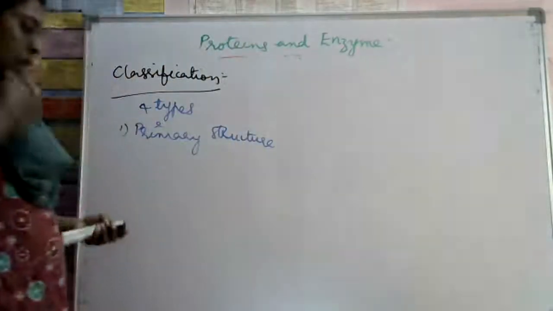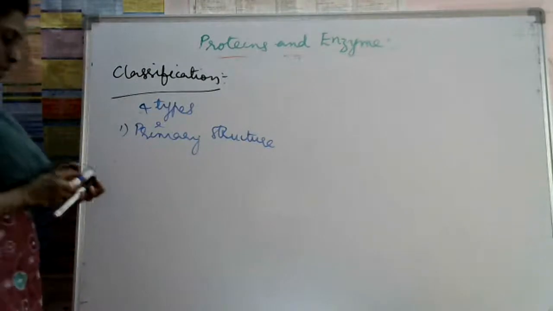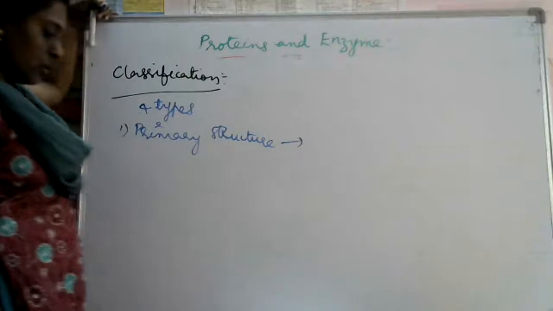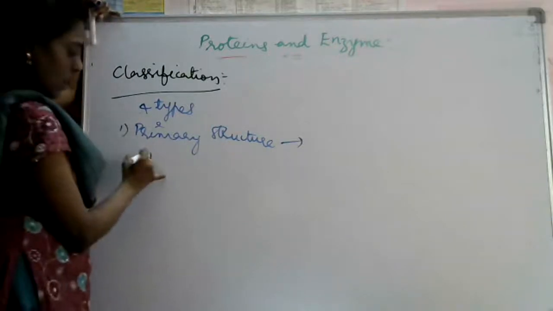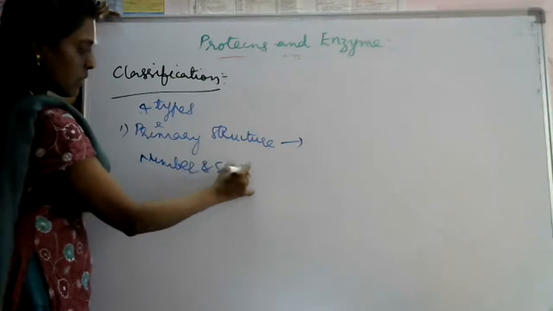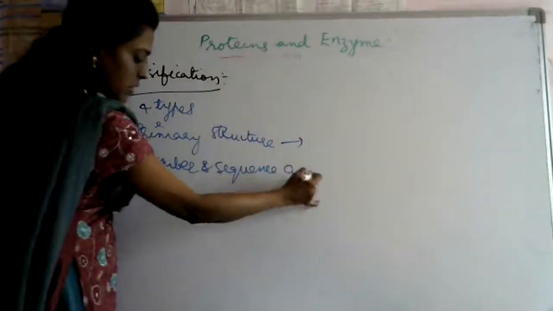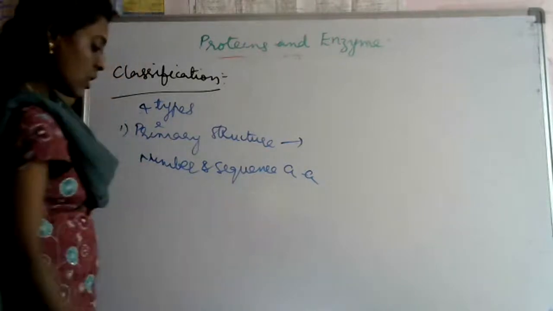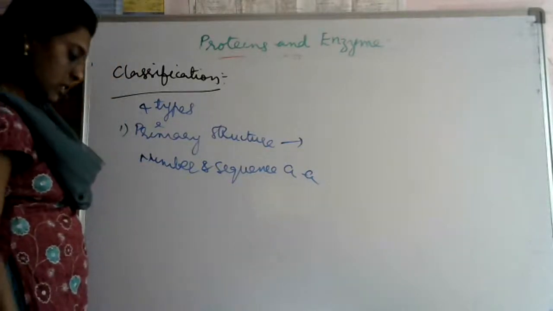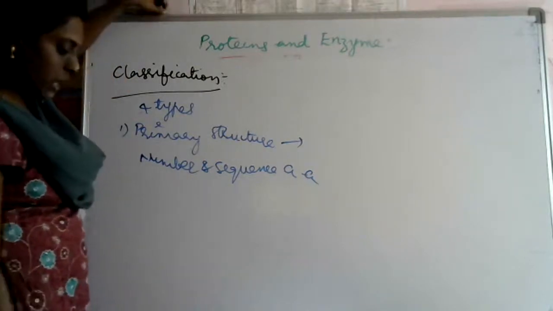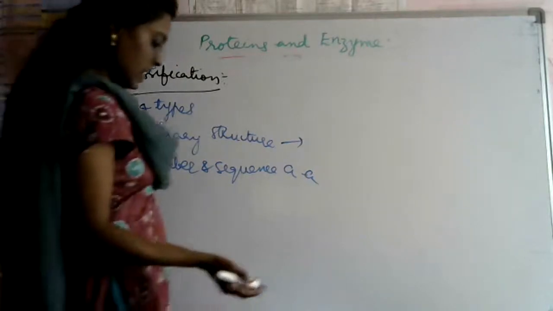Primary structure: the number and sequence of amino acids in a polypeptide chain constitute the primary structure. They are linear.